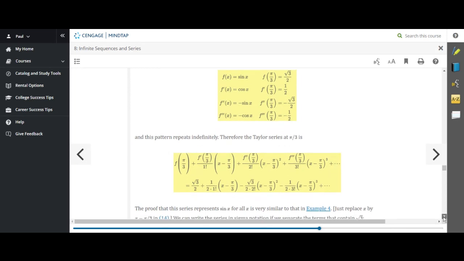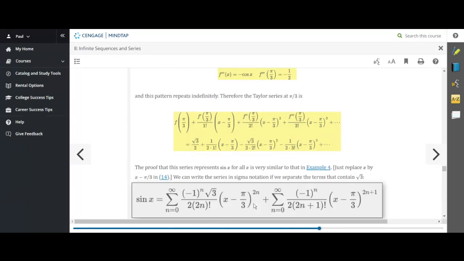And it turns out that they can write the Taylor series as what you see in the box below. So they write this series as the sum of two separate series.